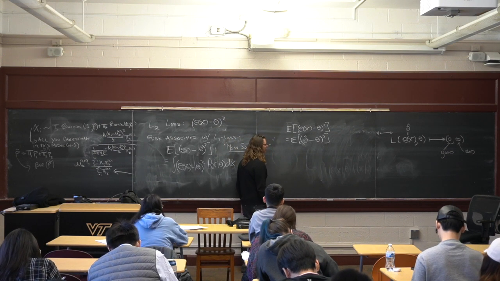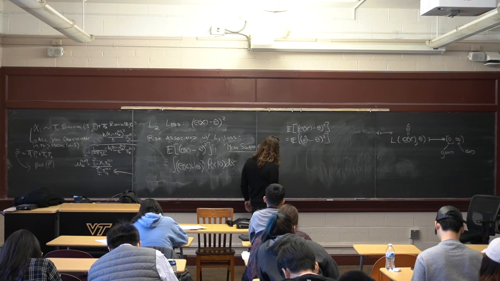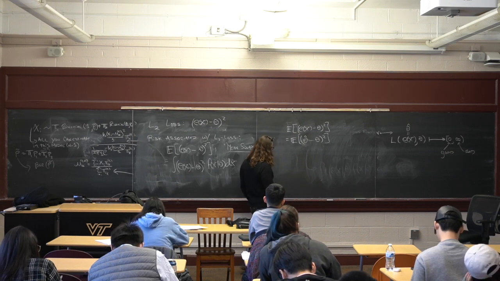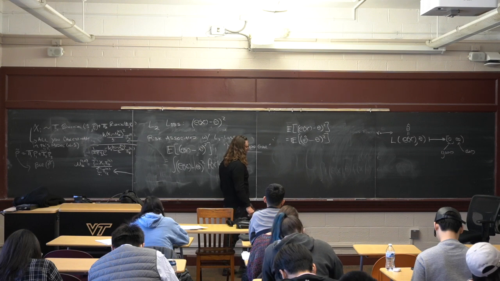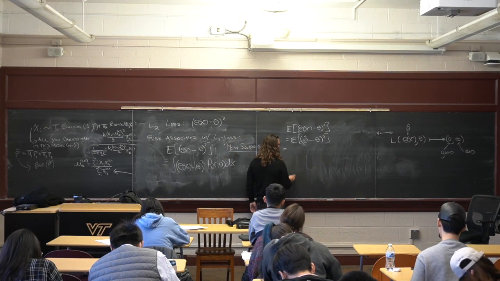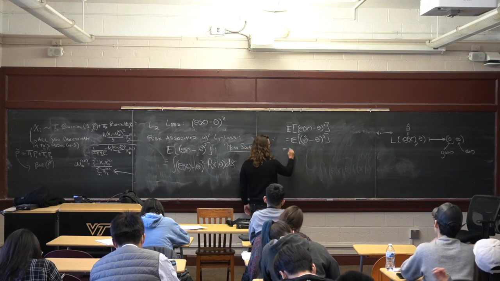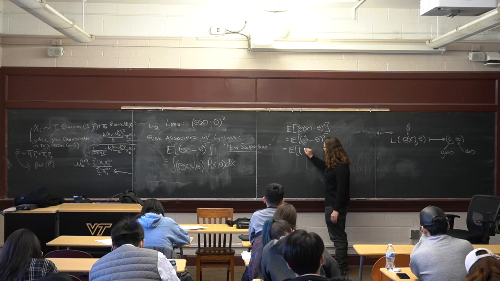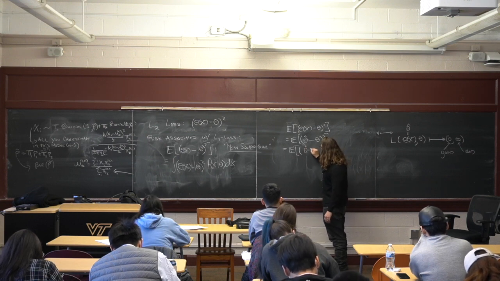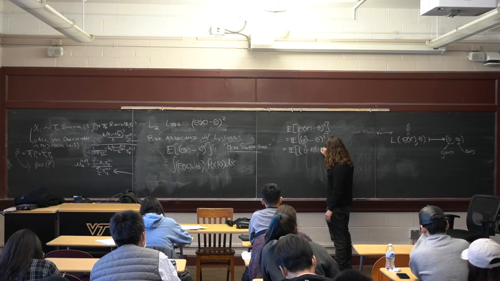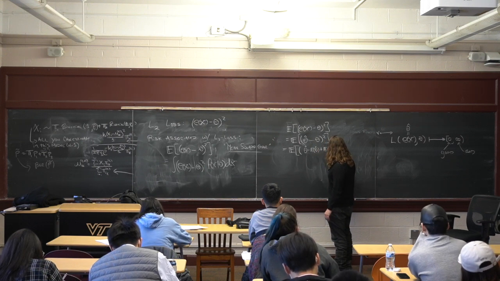I won't use a definition, I'll just write out the notation for this. This is the same as theta hat minus the expected value of theta hat plus the expected value of theta hat.